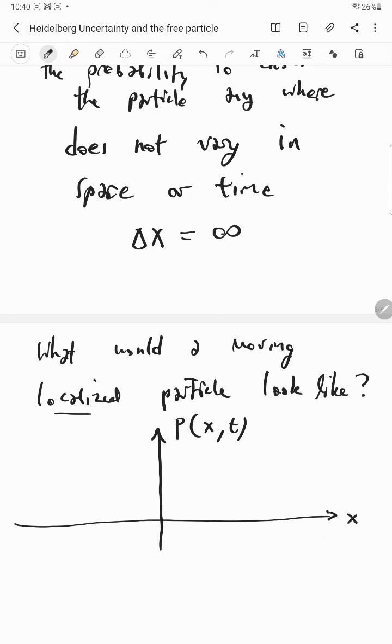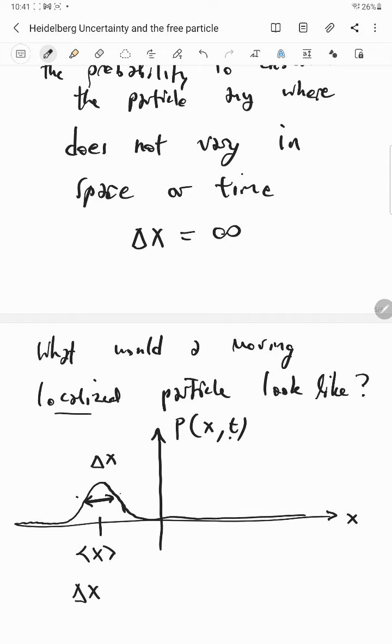So if this is the x-axis and this is the probability density axis, the vertical axis, then, for example, if I had a probability density that said something like this, then I might say that the expectation value for where I might find the particle at a particular time is this value, and the uncertainty in where you think the particle is might be something like this wide, right?